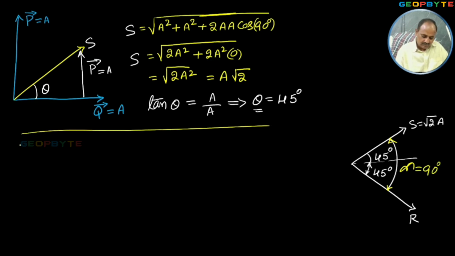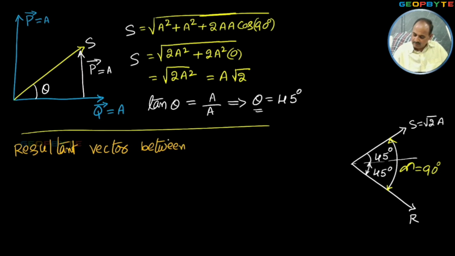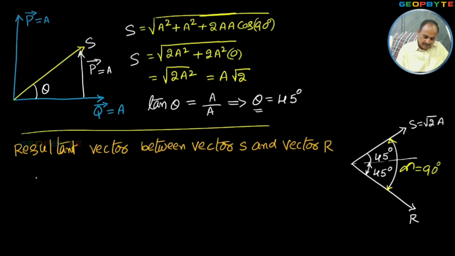Now the resultant vector between vector S and vector R, let that be R dash, is equal to root of S square plus R square plus 2SR cos alpha, by the Pythagoras theorem.